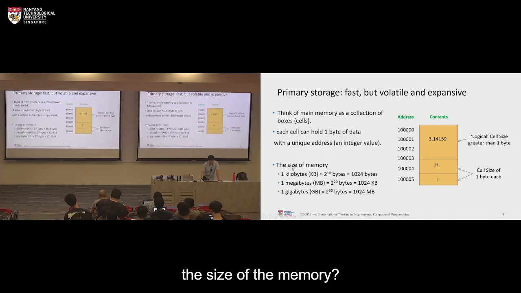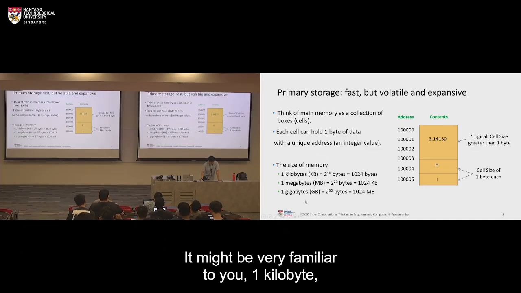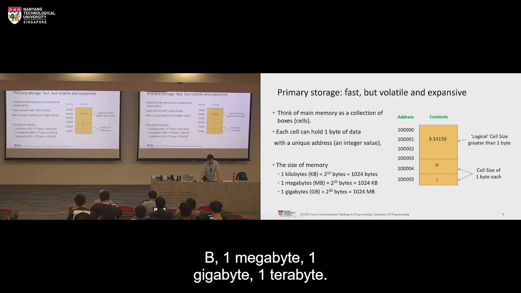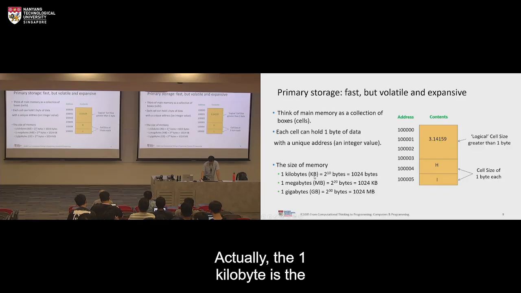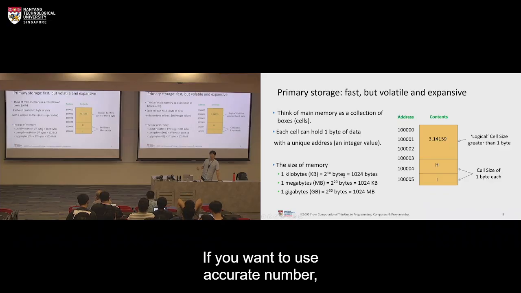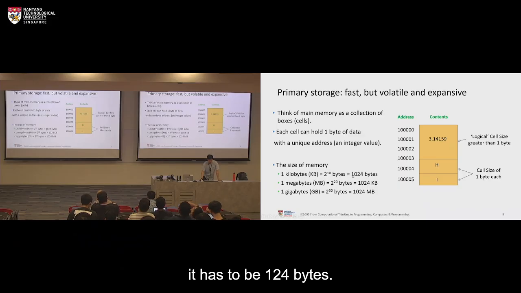Okay, then how do we express the size of memory? It might be very familiar to you. 1 kilobyte, KB, 1 megabyte, 1 gigabyte, 1 terabyte. Actually, 1 kilobyte is 2 to the power of 10 bytes. So if you want to use the accurate number, it has to be 1024 bytes.